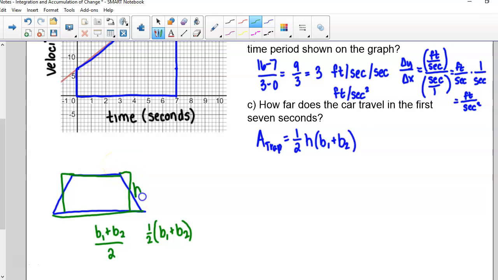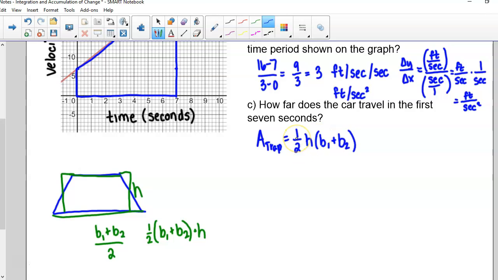And then you would multiply it by the height. That is your trapezoid formula. So that 1/2 B1 plus B2 is the average of the bases times the height. So that's kind of why that's the trapezoid formula. But you can just memorize this, or I like to think about that. I think it's kind of cool to think of.